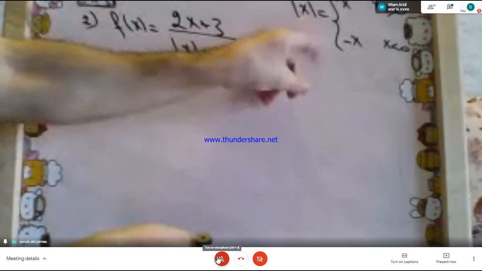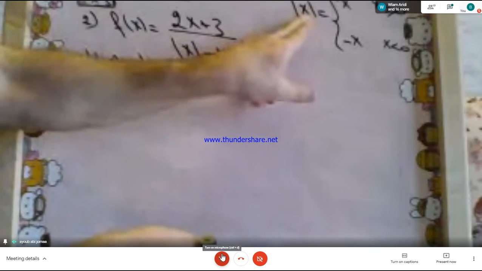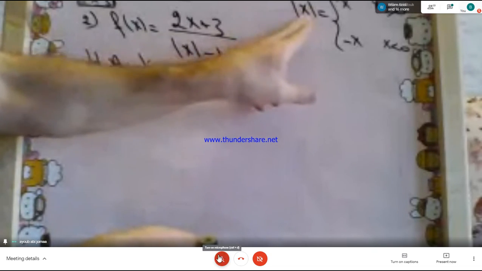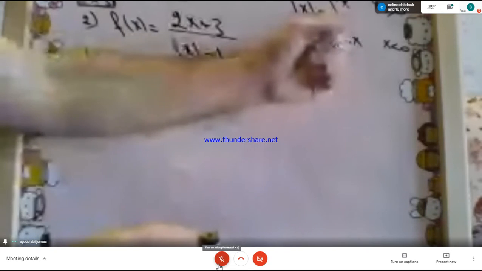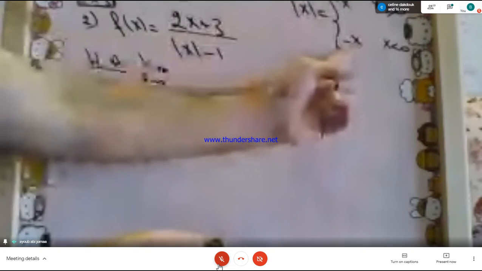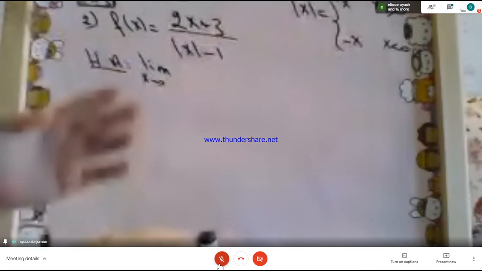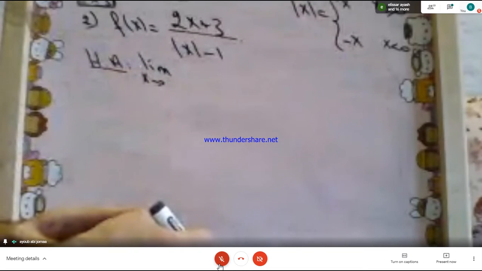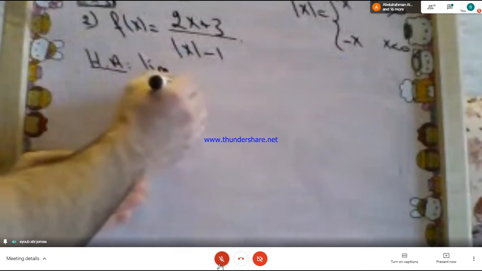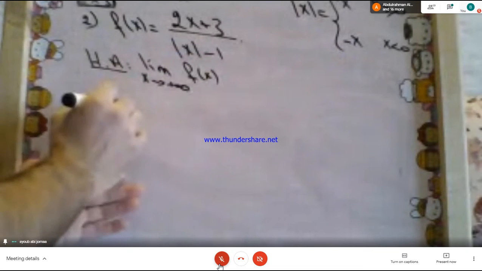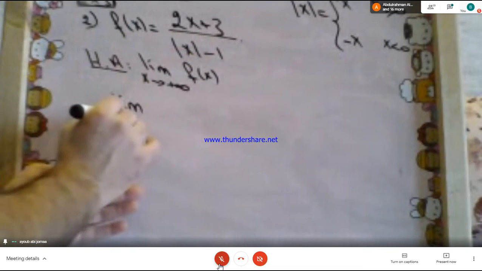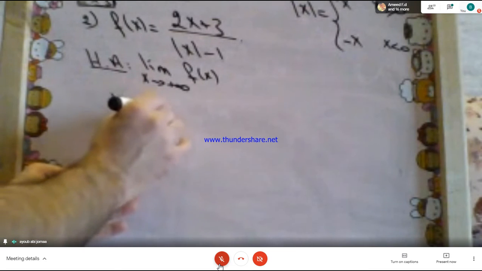Here, because absolute value of x is one of two: it is x if x is greater than 0, and the opposite if x is negative. So here you have to find two limits: the limit as x approaches positive infinity and the limit as x approaches negative infinity.